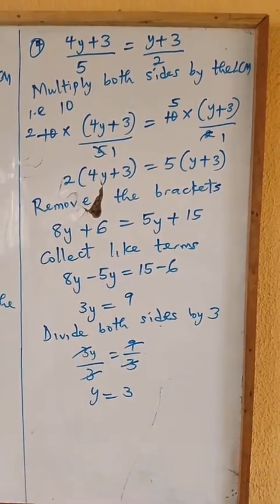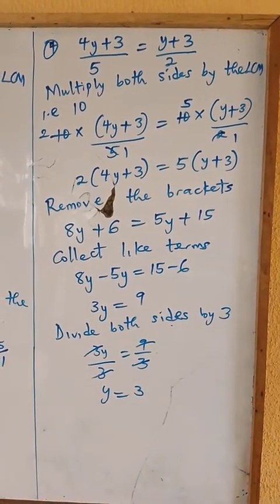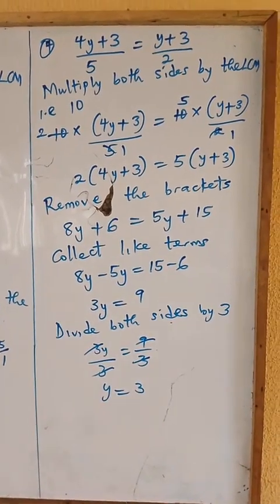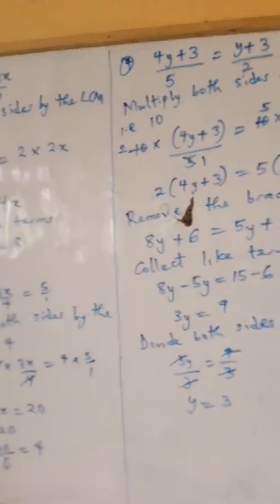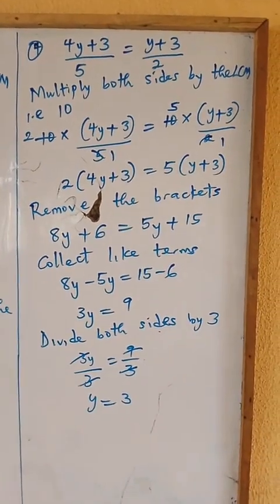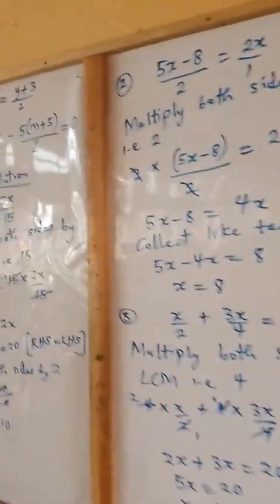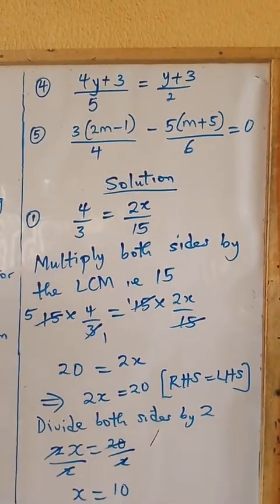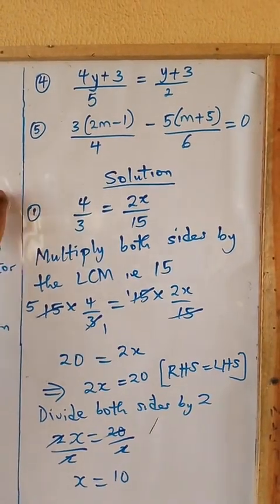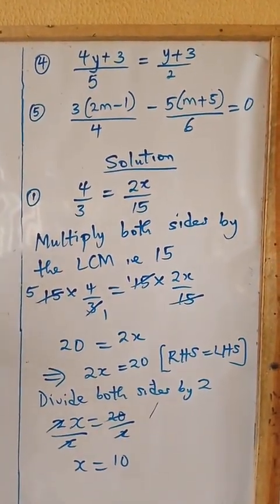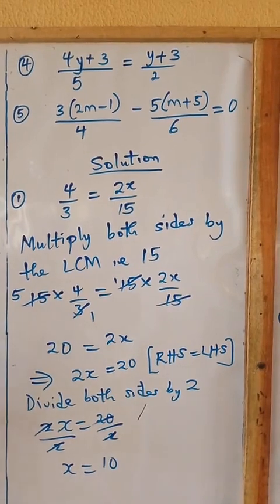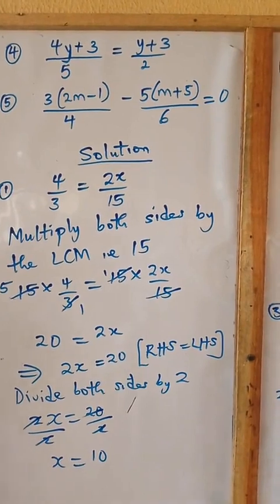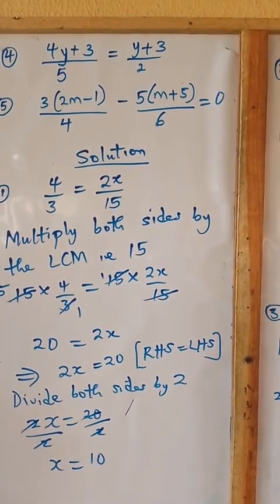Then let's solve question 5, which is the last but not the least. We have 3 into bracket 2m minus 1 over 4 minus 5 into bracket m plus 5 over 6 is equal to 0.